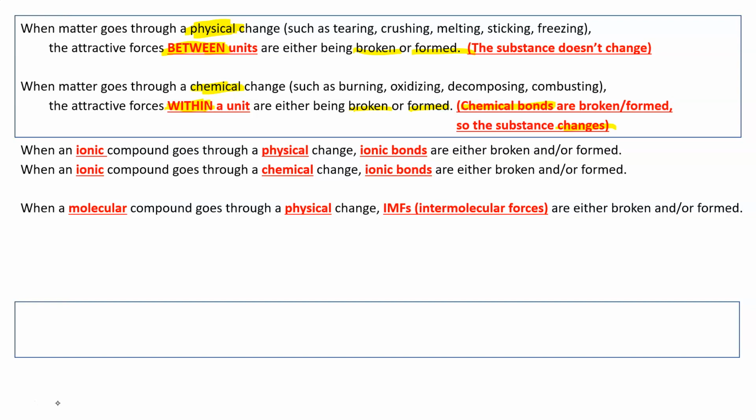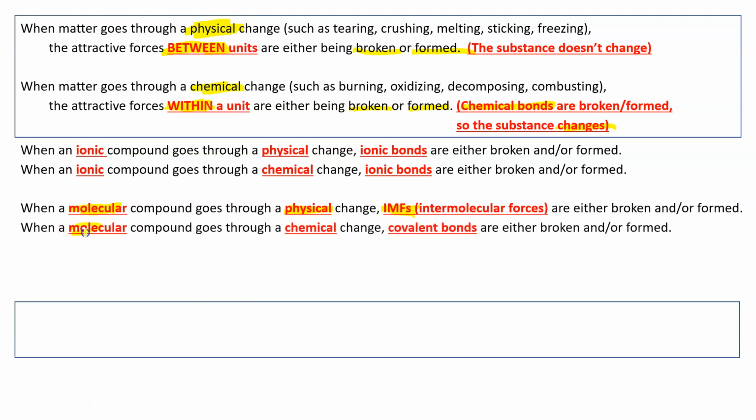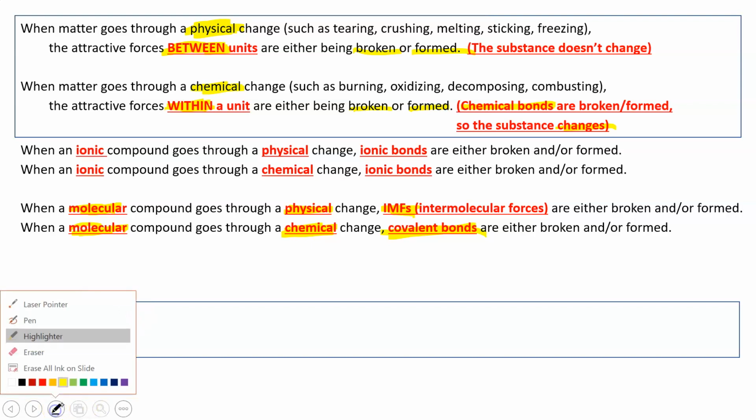When a molecular compound goes through a physical change, IMFs are either broken and or formed. But when a molecular compound goes through a chemical change, then covalent bonds are either broken and or formed. I want you to make note of this. This is the one that's a little different.